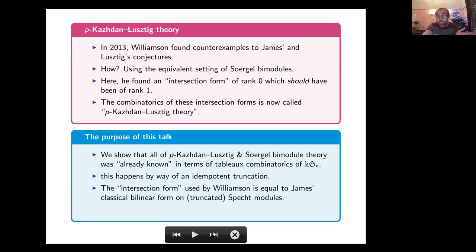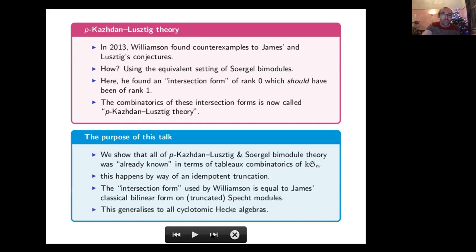The intersection form, which Geordie used to calculate these counterexamples to Lusztig's conjecture, is just James's bilinear form on the Specht module, truncated with an idempotent. So it's a bilinear form we had in the 80s, but we didn't look at it well enough.